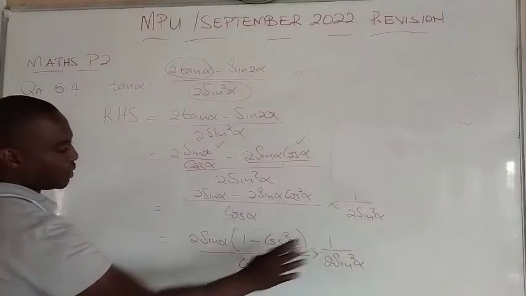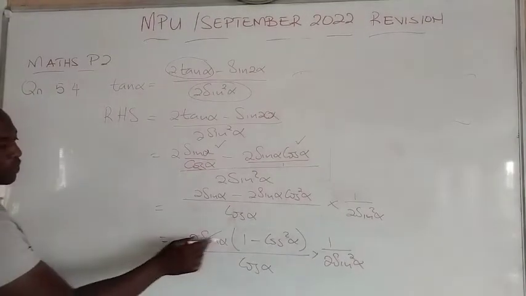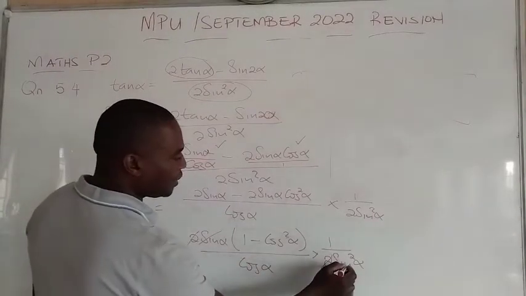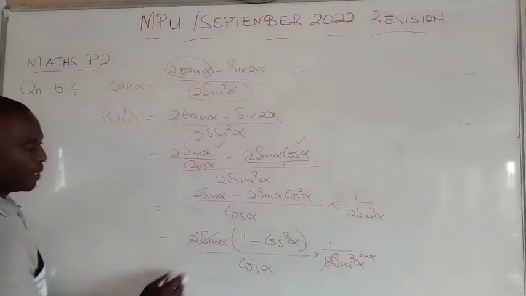So since this is multiplication, we can do the division. The 2 sine alpha can divide into this, and then we remain with sine alpha.